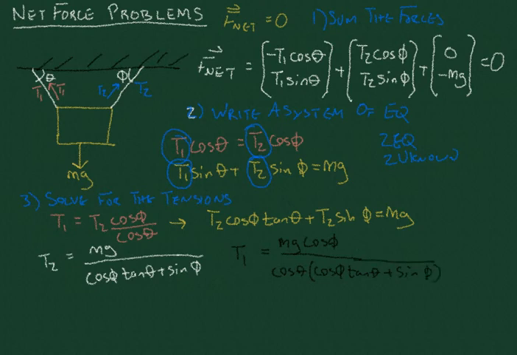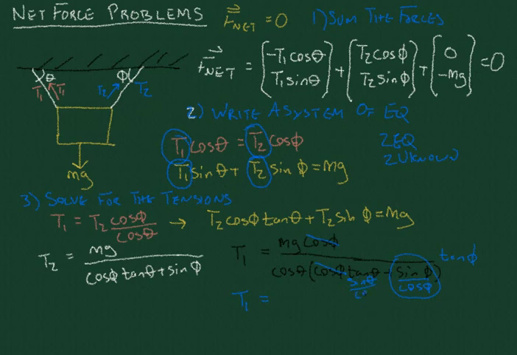But to illustrate something, I'm going to simplify this a little bit more. If I divide both sides by cosine of phi, okay, so we see that that's going to cancel out this cosine of phi. It's going to give us a cosine of phi here. Well, this is really just tangent phi. And then if I multiply the cosine theta in here, well, this tangent is really sine theta over cosine theta.